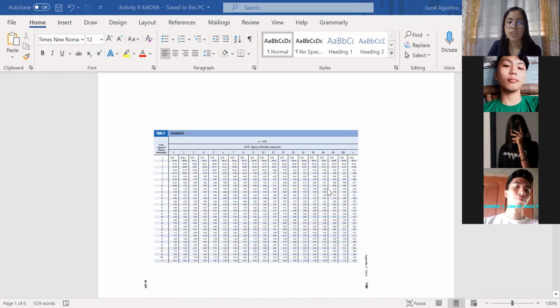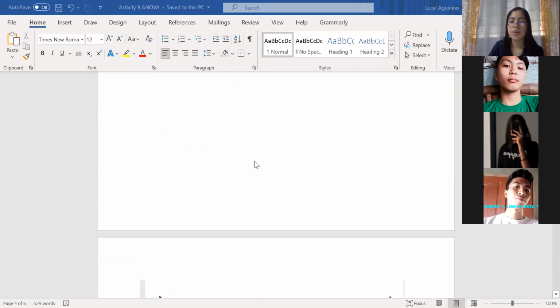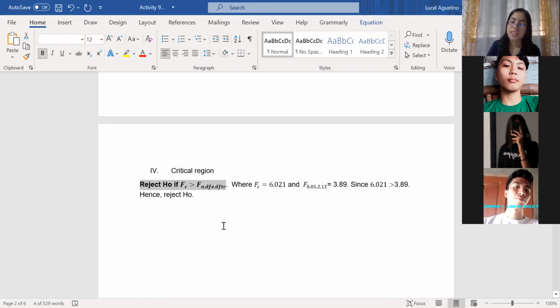So, in conclusion, reject H0. This is our default critical region. Reject H0 if F computed is greater than F alpha, your level of significance, DF between groups and DF within groups. Where F computed is 6.02 and our F tabular is 3.89. Which is higher, the F computed or the F tabular?